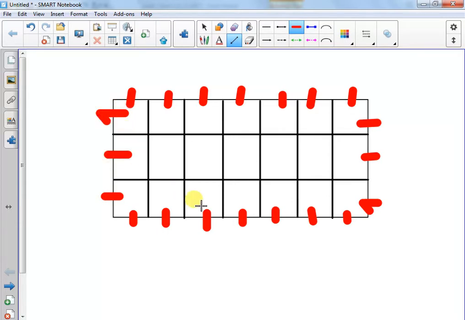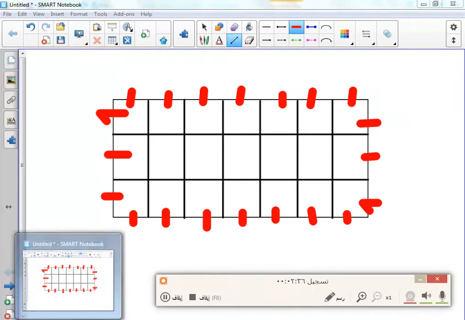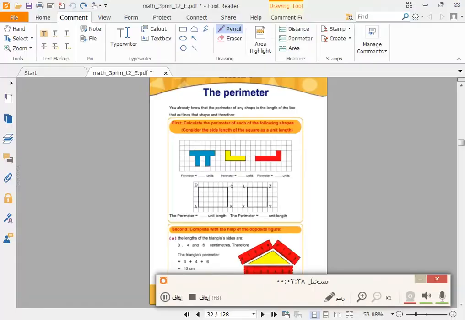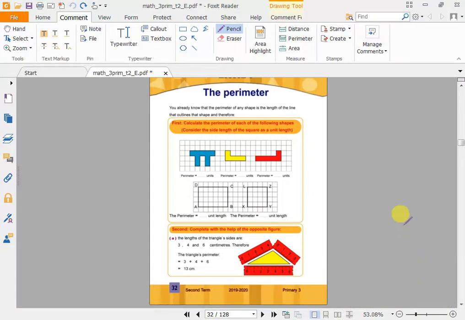So the perimeter of this shape is 20. This is the method we took last year. Okay, this year we will use this method and new ones.